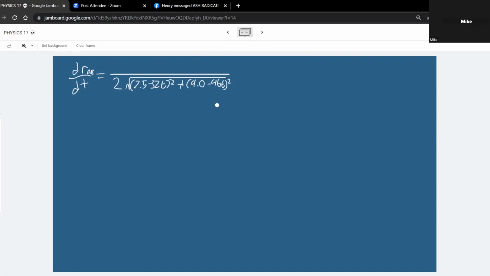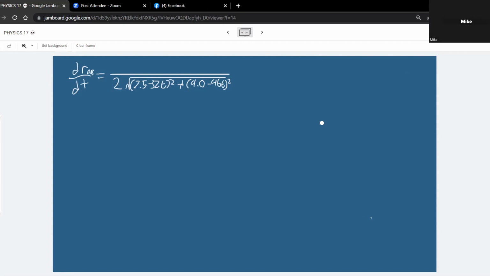Okay, tapos so chain rule. So anong derivative ng nasa loob ng square root? 2.5 minus 32, and then plus 4 times, pakita mo lahat ng steps diyan sa board. Kailangan ba i-expand to?